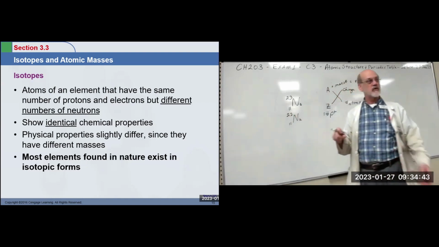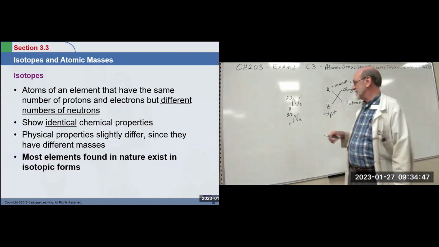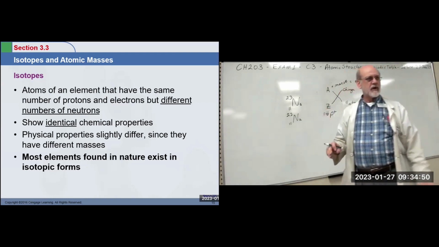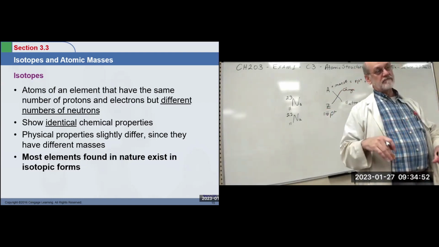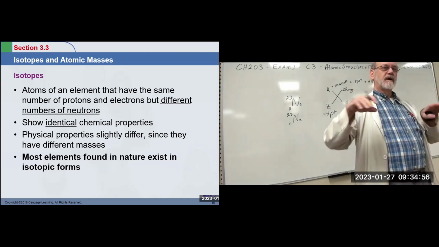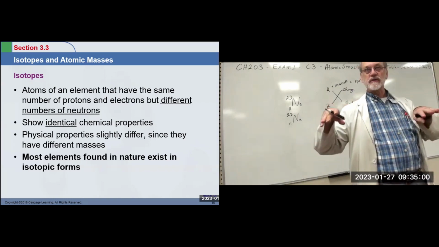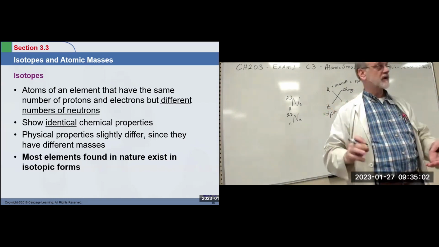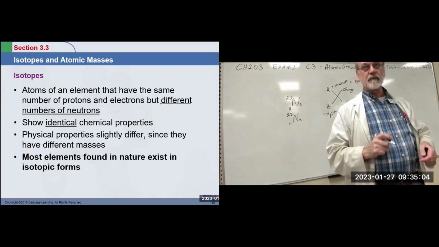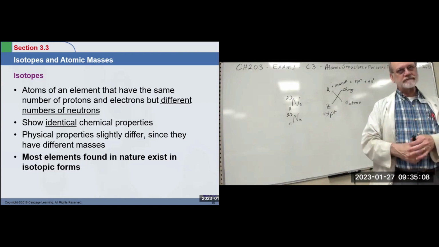It's missing one neutron. Okay. Most of them are like that. There are only a couple that have a substantial number of two or more isotopes in the mix, in the natural occurrence. Chlorine's one of them. It's about 50-50, this isotope and that isotope.